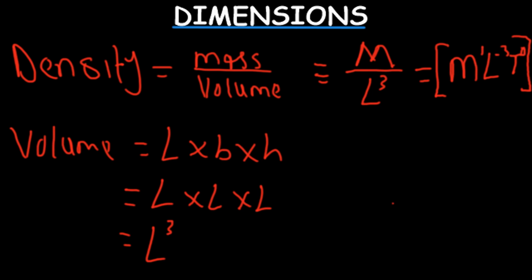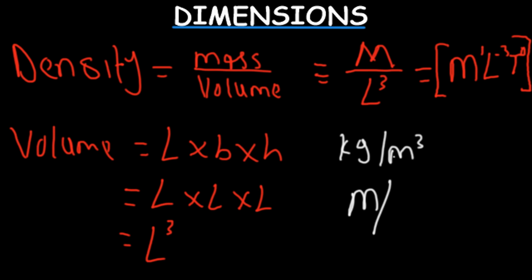Now, what if you wanted to use the SI unit of density? Can anyone tell me the SI unit of density? The SI unit of density is kilogram per meter cubed. We know that mass is measured in kilogram, so we replace kilogram with M, divided by length.